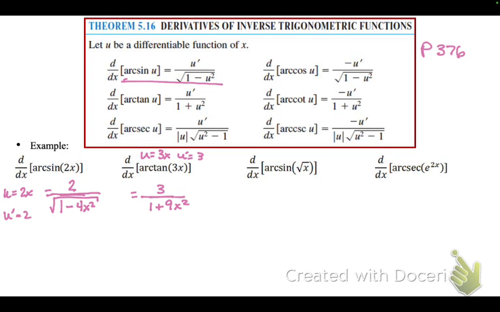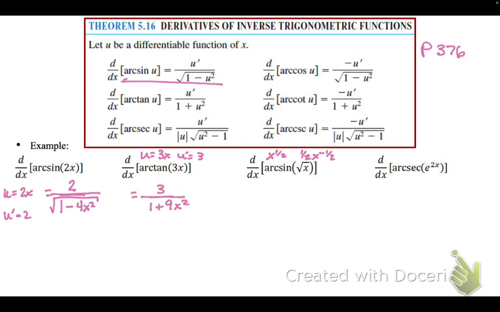So the derivative of arc sine of the square root of x, well, that would be x to the 1/2. So it'd be 1/2 x to the negative 1/2 for the derivative.